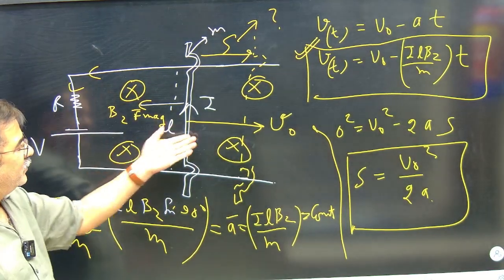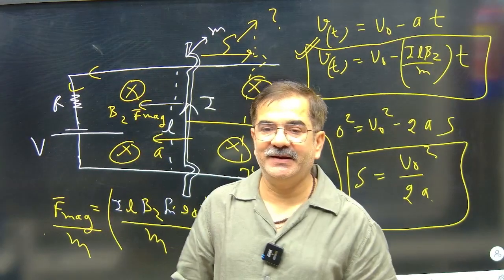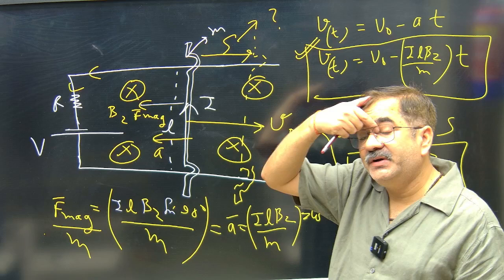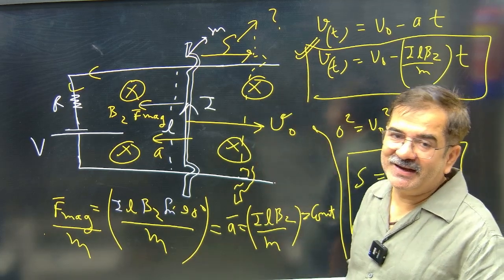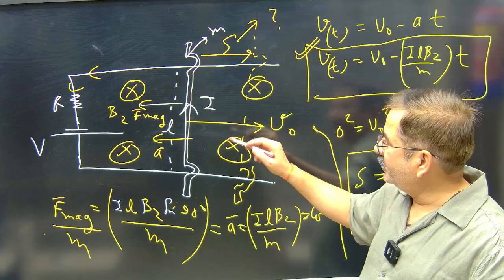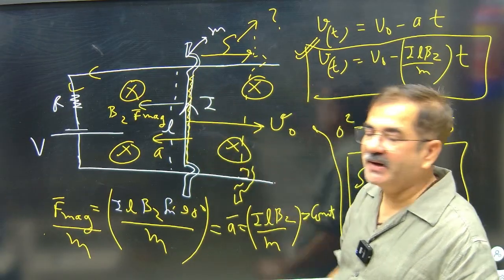So this magnetic force here is causing a decrease in the kinetic energy of the rod. Whereas we have found in one case that magnetic force on a moving charge doesn't change the kinetic energy, but this magnetic force is changing the kinetic energy of the rod.